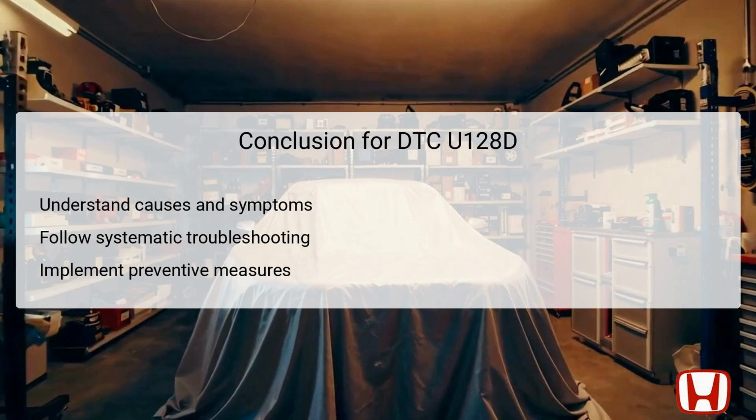In conclusion, DTC U128D, which refers to Climate Control Unit Lost Communication with the Gauge Control Module, presents a unique challenge during vehicle diagnostics. Understanding its causes, such as gauge control module failure and power circuit issues, is fundamental for effective troubleshooting.